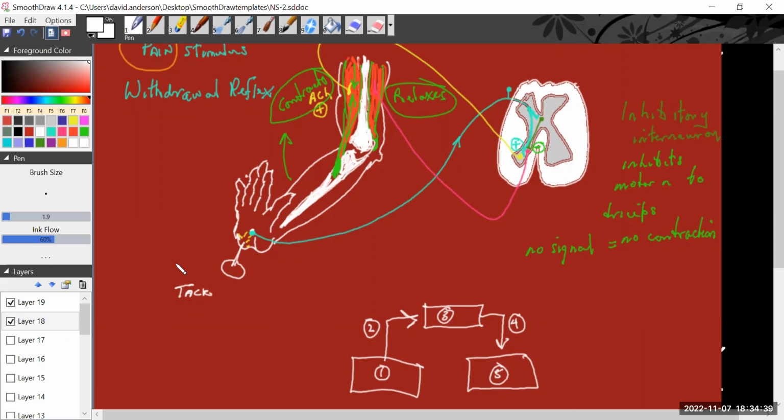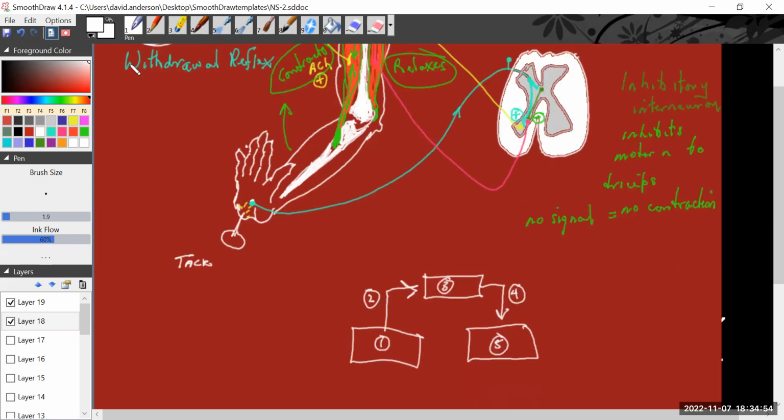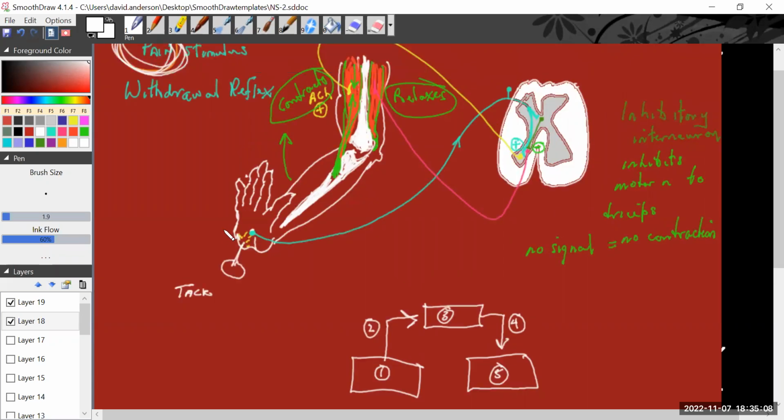The palm of the hand. What about the palm of the hand? Pain. Pain what? What's this box? Pain receptors. Oh, box 1 is a receptor. Yeah. Now I get it.